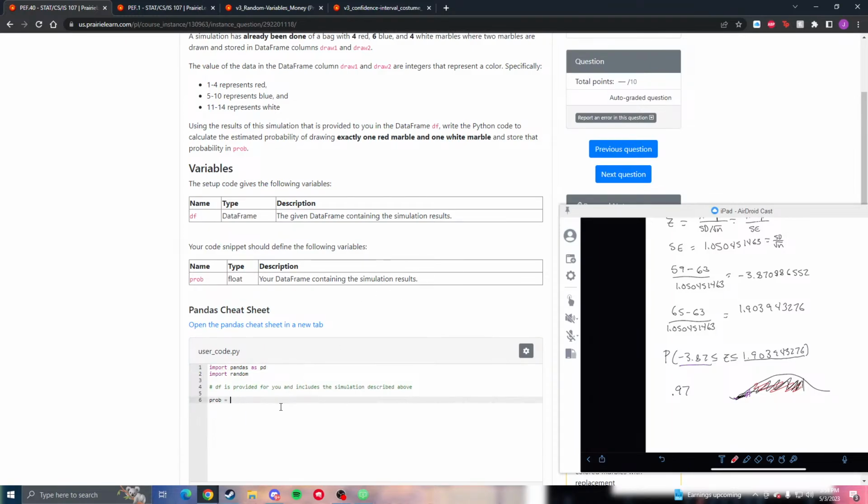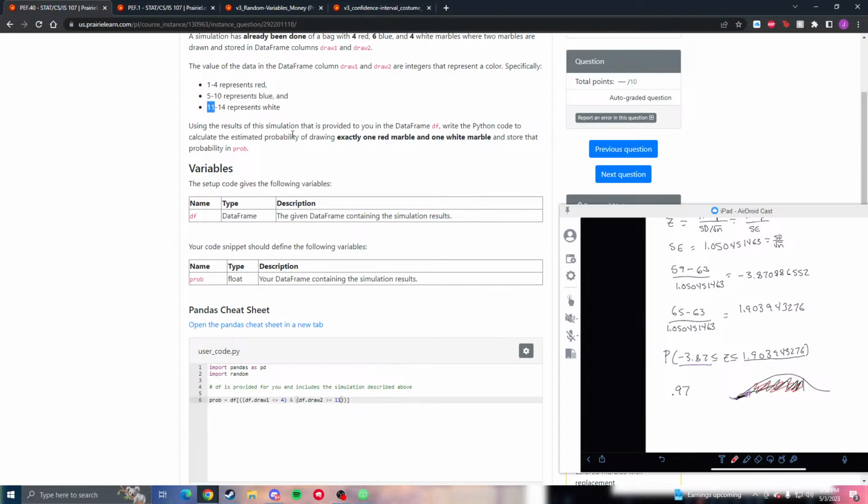So that's how we do it. df.draw1 is less than or equal to 4, because that's a red, and the second draw, df.draw2, is greater than or equal to 11, because that's how you do a white, because if it's between 11 and 14, it's white.